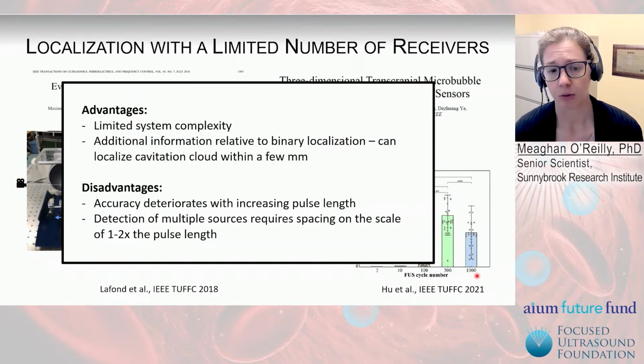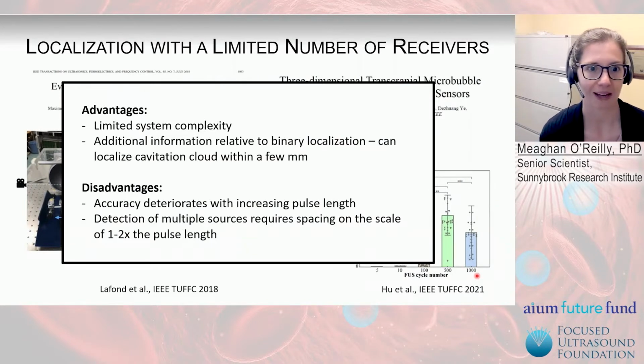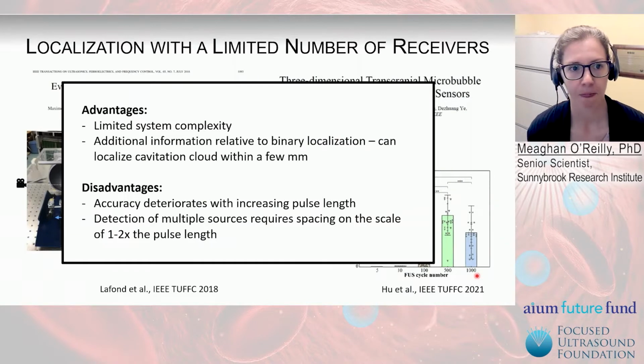So this may not be applicable for all treatments. And once you have multiple sources that require detection, you now need to space out your sources on the scale of 1 to 2 times the pulse length. So again, this really works best for very short pulses.